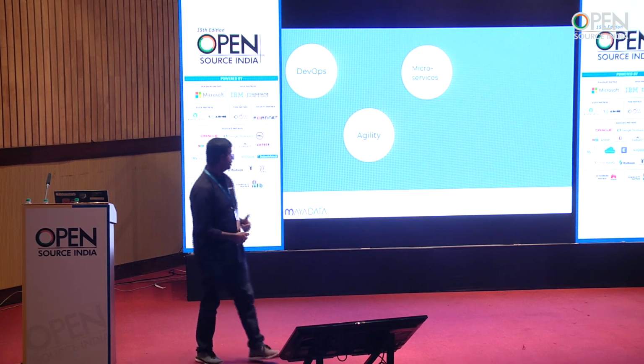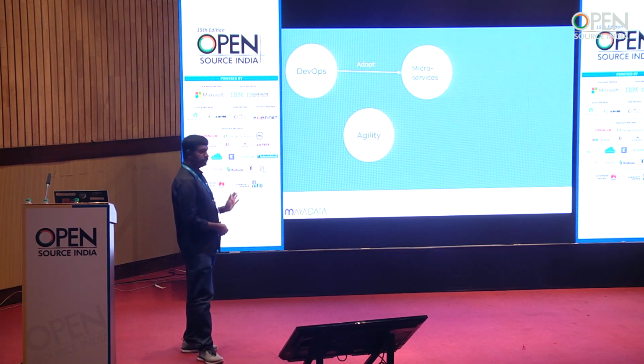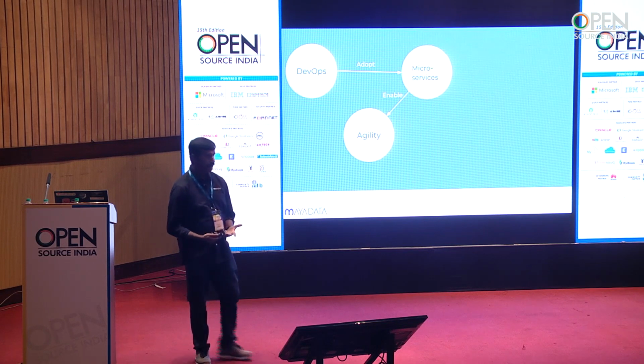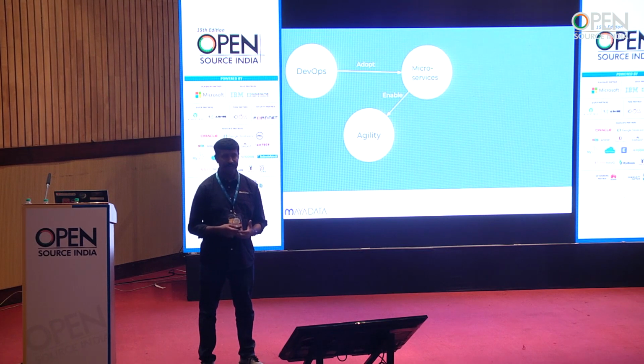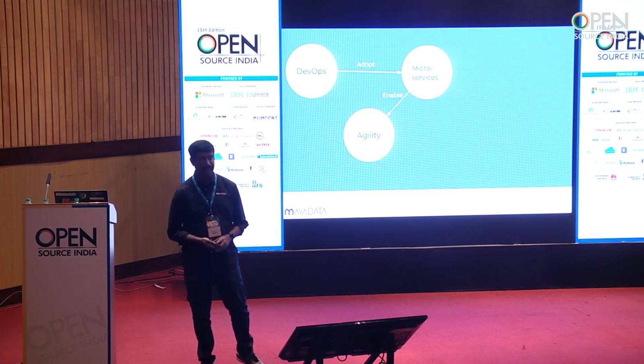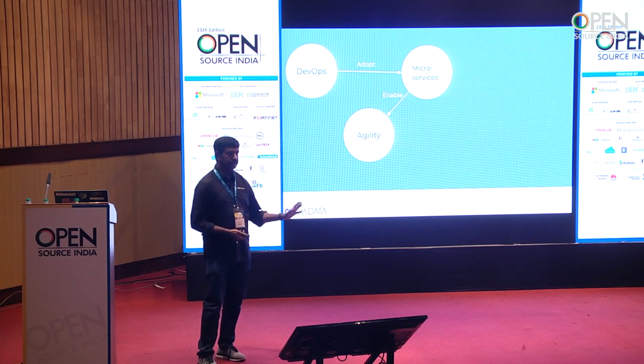So then what's the relationship? DevOps is adopting microservices. Why? Because microservices are enabling agility. DevOps is already good, but you want to be more agile. When you're more agile, your ROI is very good. Probably you will do it in half the time or less, at half the cost.